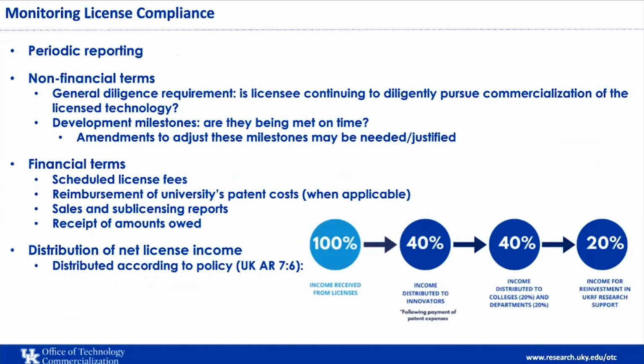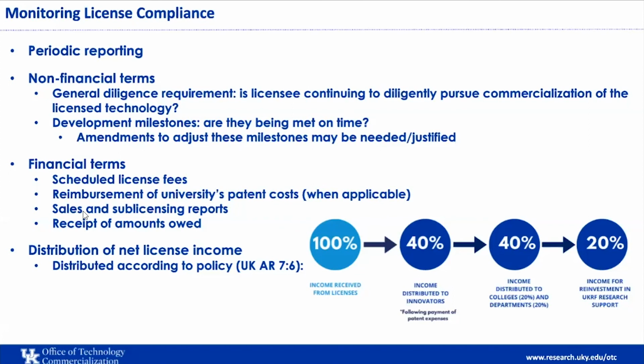Are we receiving the payments or other amounts that were agreed upon in the license? Is the licensee continuing to diligently pursue commercialization of the licensed technology? And again, sometimes those minimum effort or development milestones can be amended if needed and justified. And then, of course, part of this also includes distribution of net license income.